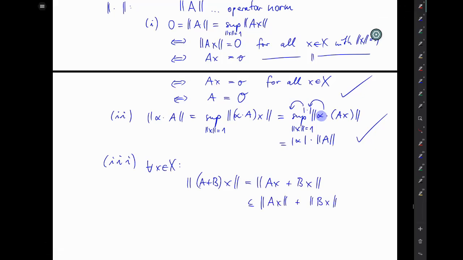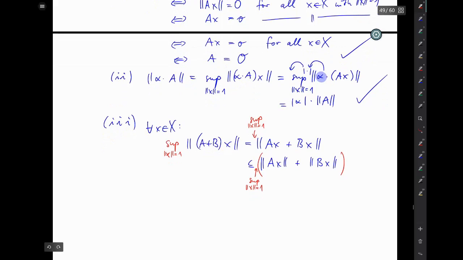Now, because this holds for every x in X, it's still true if we put supremum over x with norm equal to 1 in front. So we have to do this in all the other expressions also. So here's our supremum, and then also in front of this sum we put our supremum.